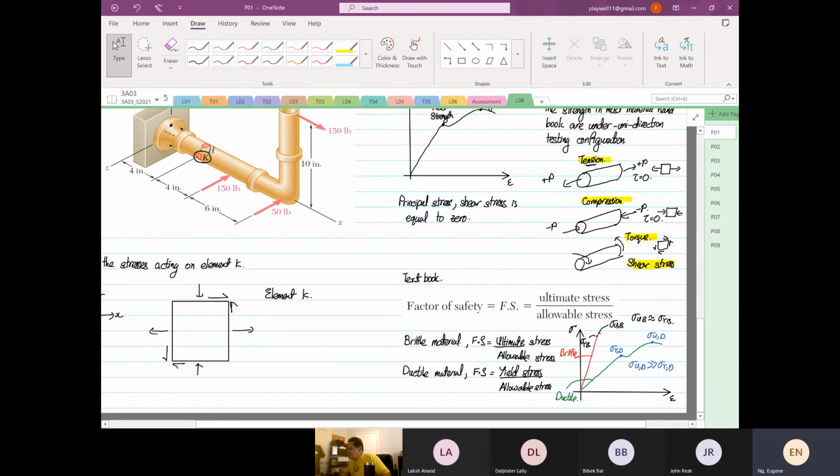So it's element K and the elements that I drew on the right-hand side with the tension, compression, and shear, do they have the same loading condition? No. Why? Because all of these are only unidirectional. It's not the same as element K. Element K has compression, and it has shear. So it's not the same.